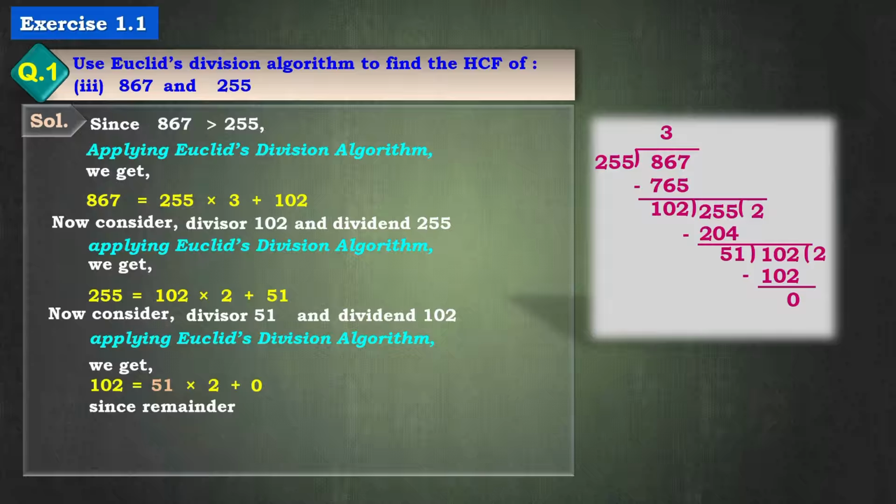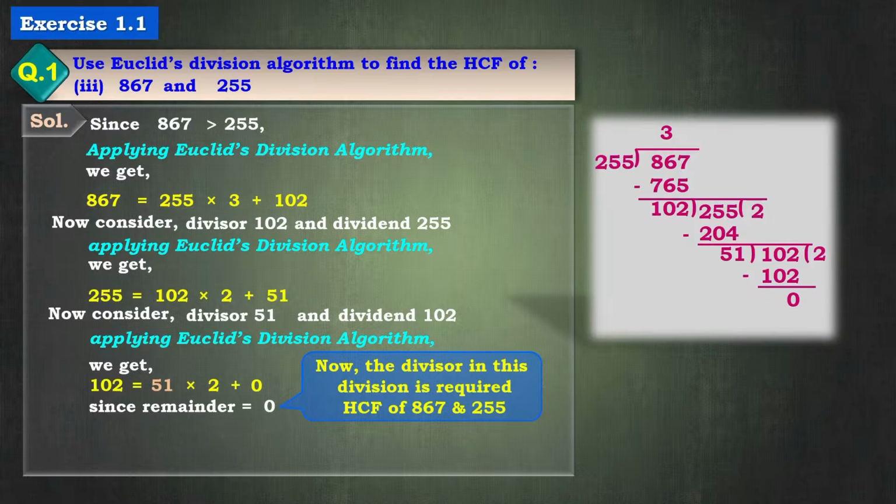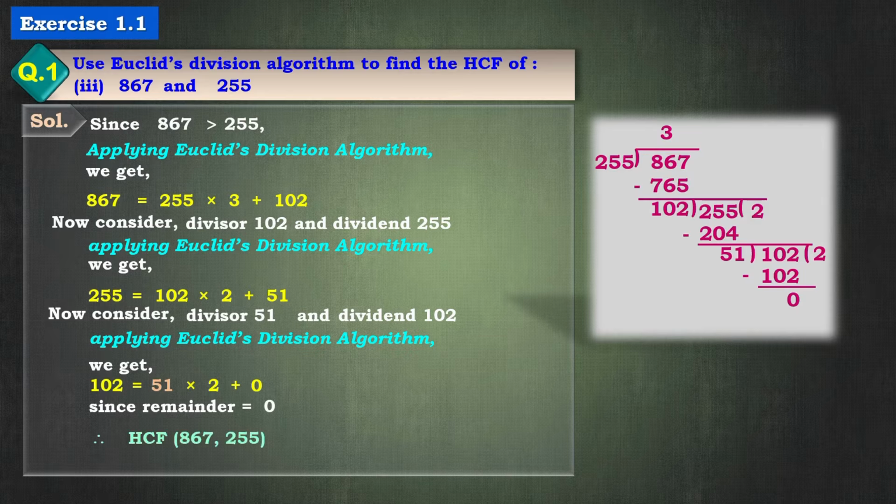Since we got remainder 0, the divisor in this division is the required HCF of 867 and 255. 51 was the divisor, so that is the HCF. So the HCF of 867 and 255 will be 51 in this case.